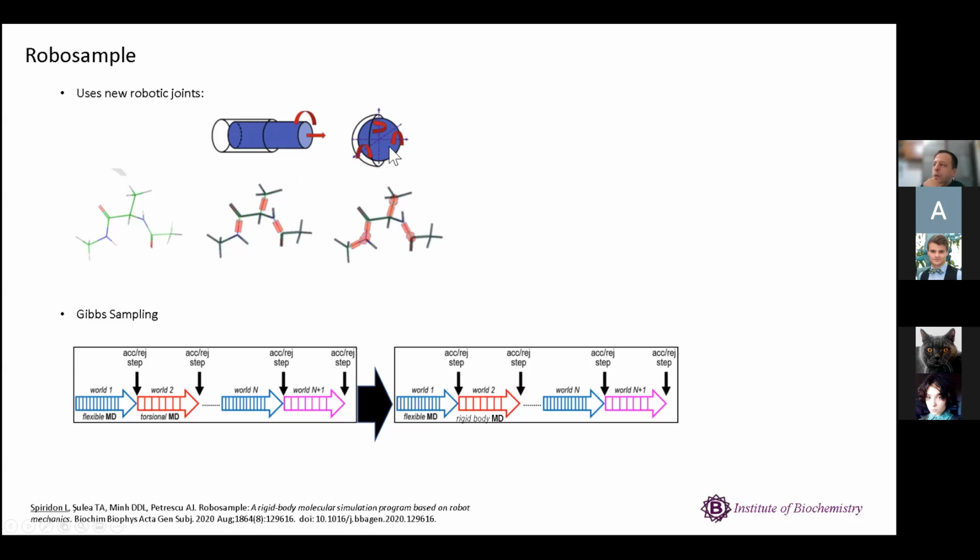Or we use another type of joint, like the knee joint, which is called a ball in robotic terms. It just has 3 rotational degrees of freedom. You don't allow any bond lengths to move, but you allow all the angles and all the torsional angles. One other thing that we're using now is rigid body dynamics.